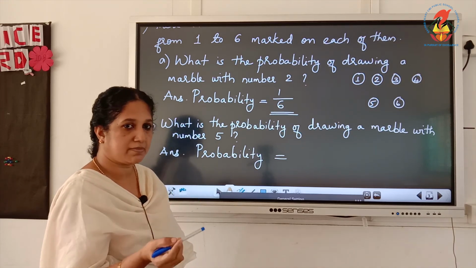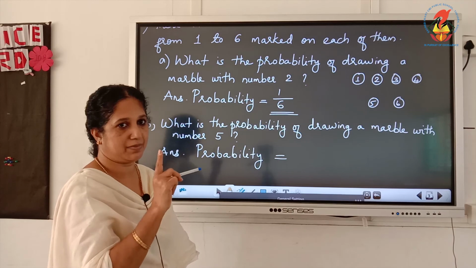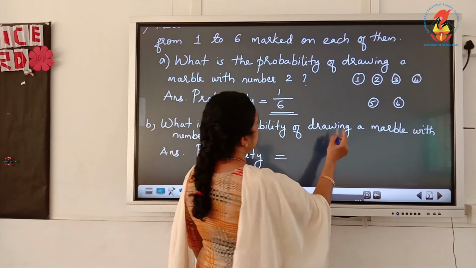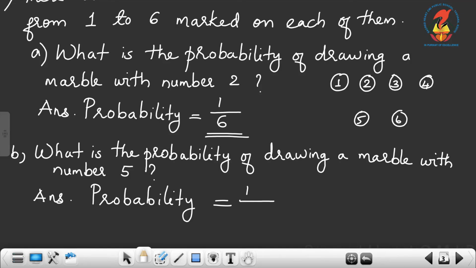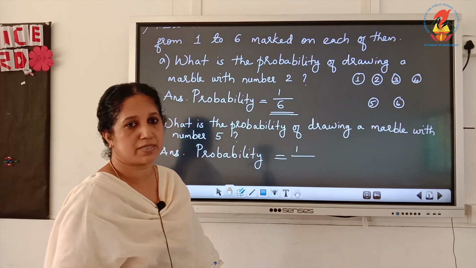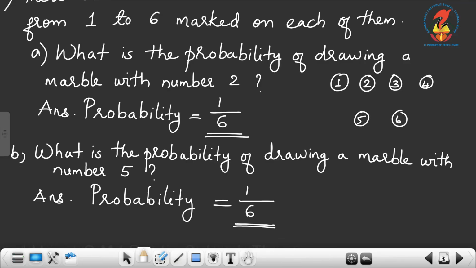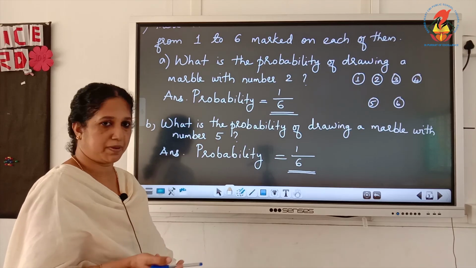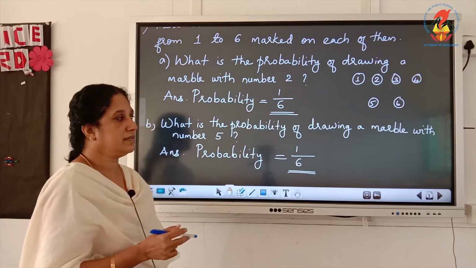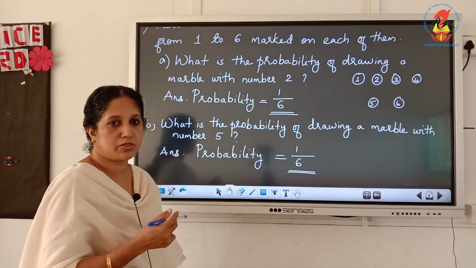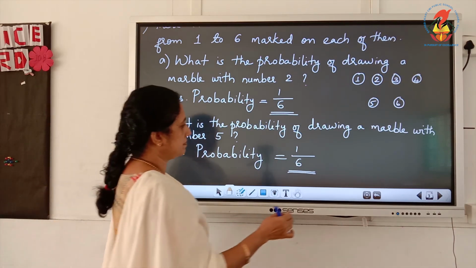How many times 5 is repeated there? Only one time. So, we can say that 1 by the number of outcomes favorable to that, it is only 1. And what is the total number of outcomes? The meaning is what is the total number of marbles? How many marbles are there? 6. So, we can say that the probability of drawing a marble with the number 5 is equal to 1 by 6. So, learn how we can find out the probability of a particular event.